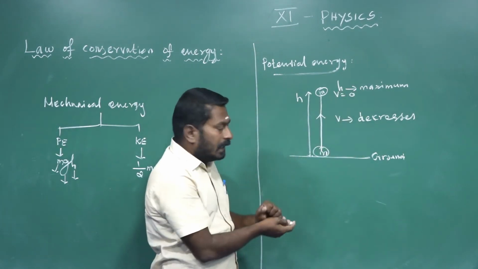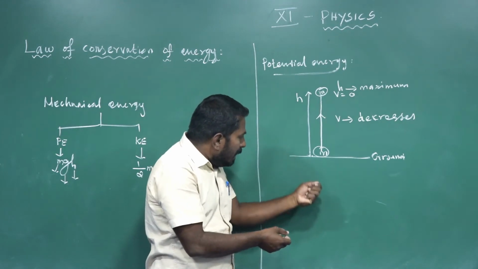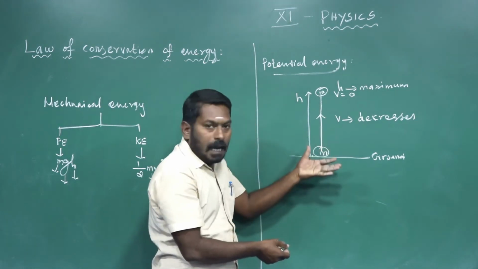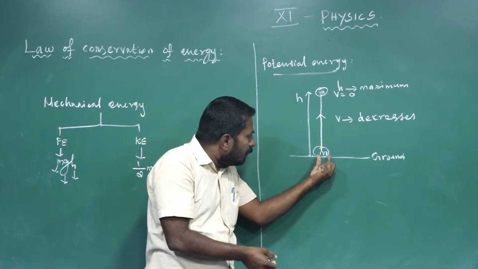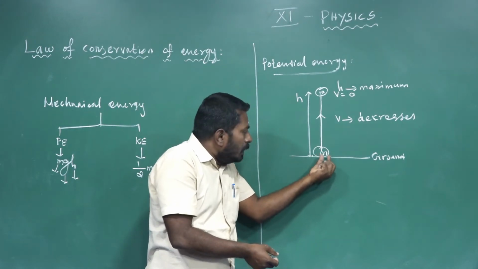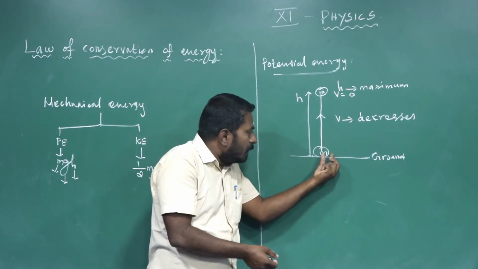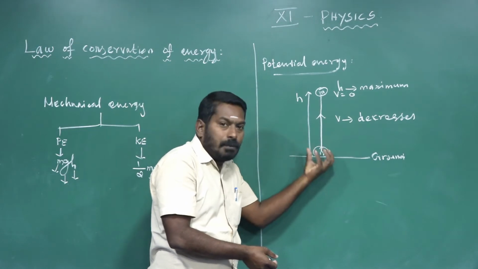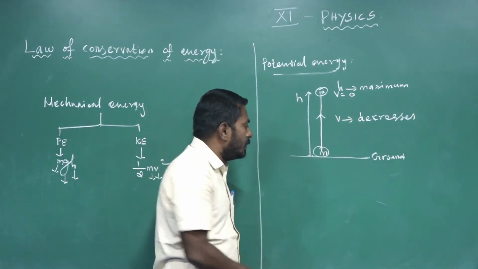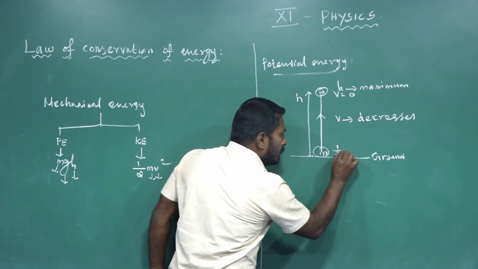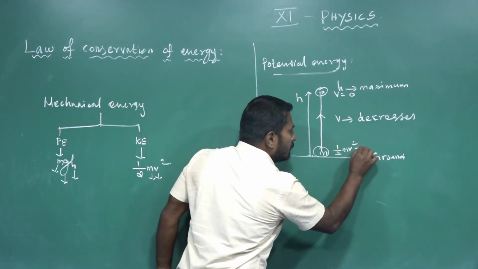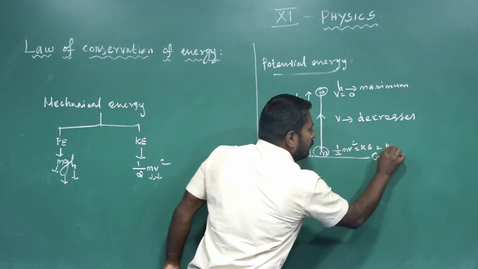At the time the body is thrown upward, the velocity is maximum, so the body possesses maximum kinetic energy, half mv square.